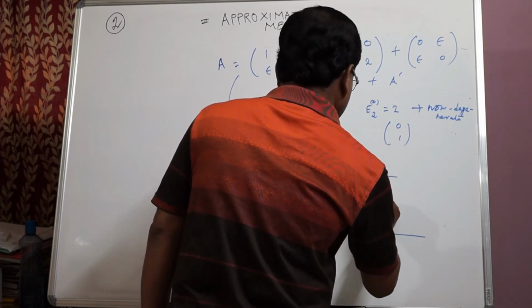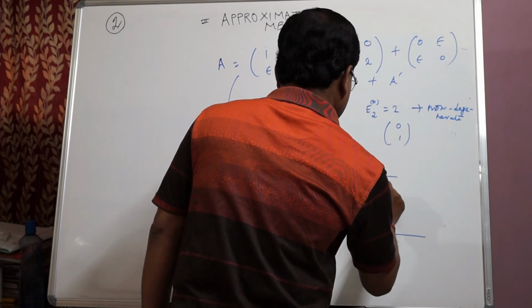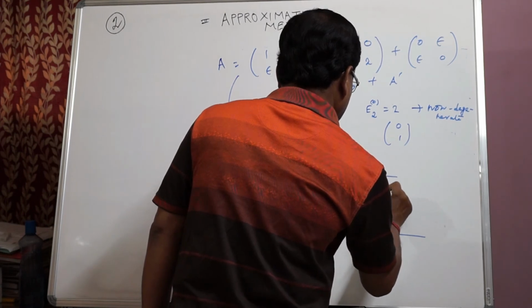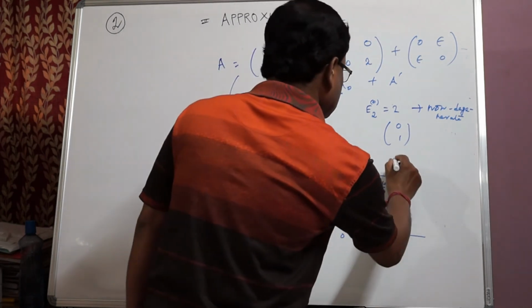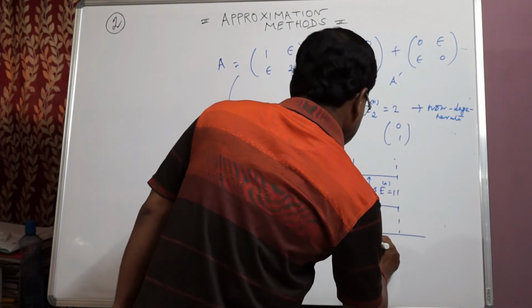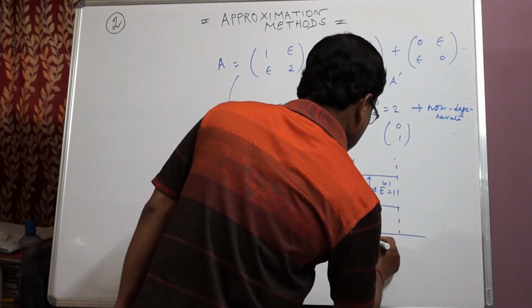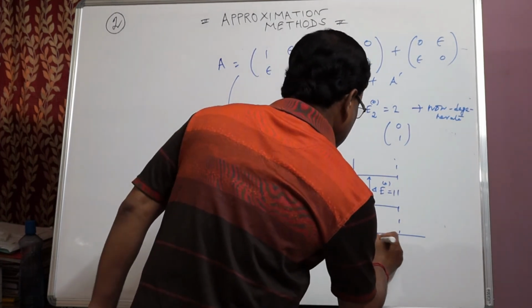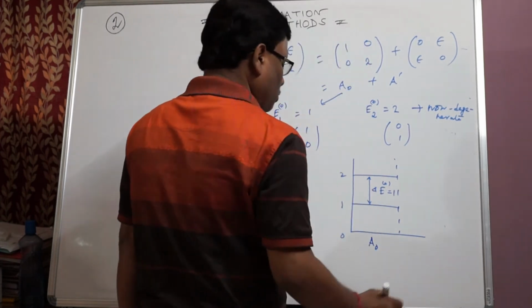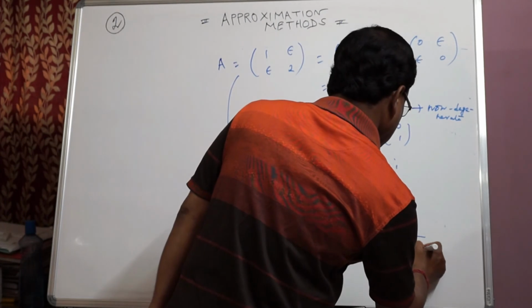The difference due to A0 is 1. Now we apply a perturbation.